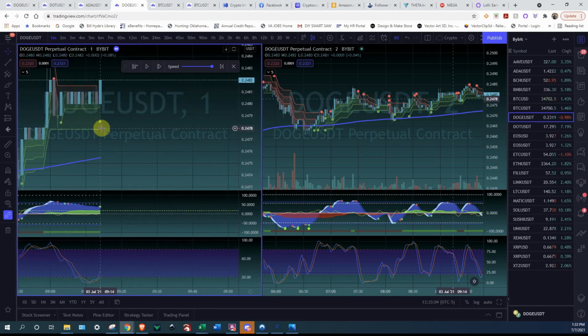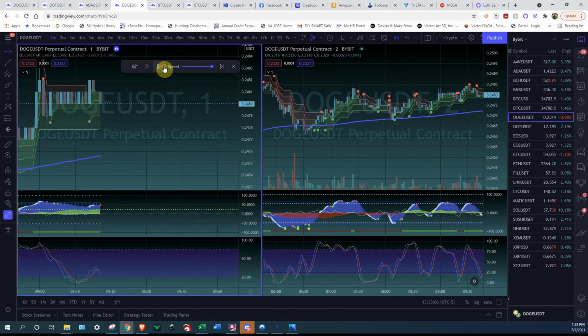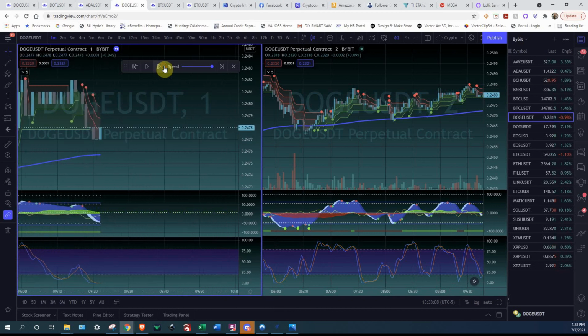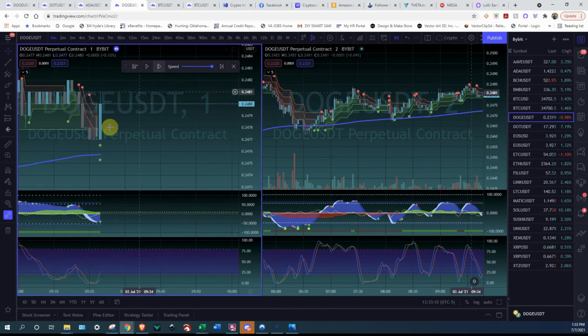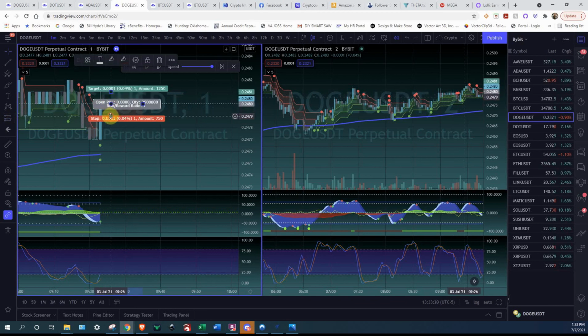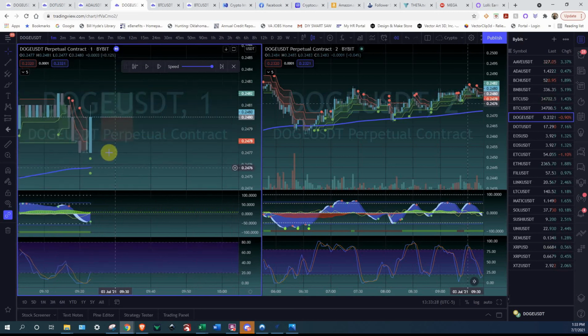All right, long, no, on the 2 minute. It's a big candle, I don't like that, even though we got a buy signal on the 2 minute. But let's just enter it and see what happens. All right, so we're going long, we're gonna do our stop loss, probably maybe there.